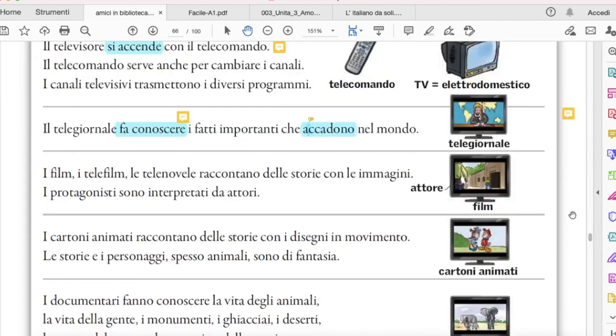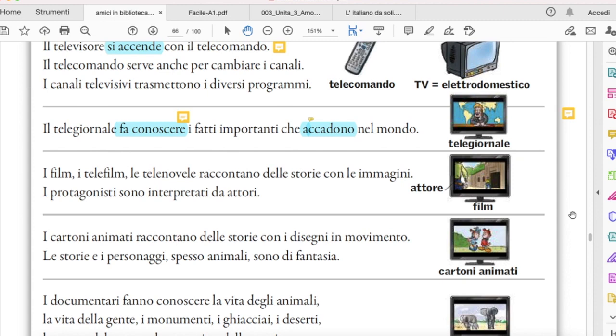Here, i film, i telefilm e le telenovele raccontano delle storie con le immagini, images. I protagonisti sono interpretati da attori, interpreted by actors. I cartoni animati raccontano delle storie con i disegni in movimento.